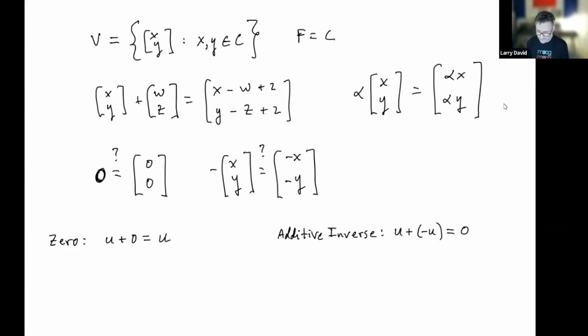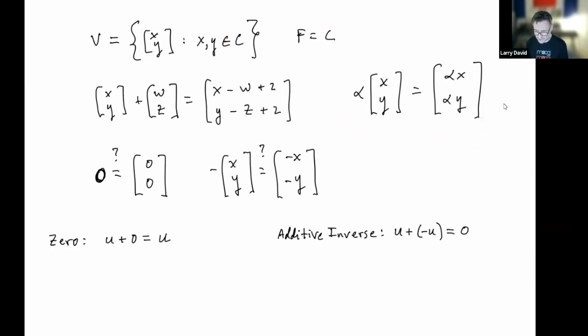So let's do an example, and we're going to essentially take C2 and just make one change to it. So we have the same set of vectors, so we've got column vectors where each entry is in C, a complex number. The field will still be C. We'll keep the same definition of scalar multiplication.